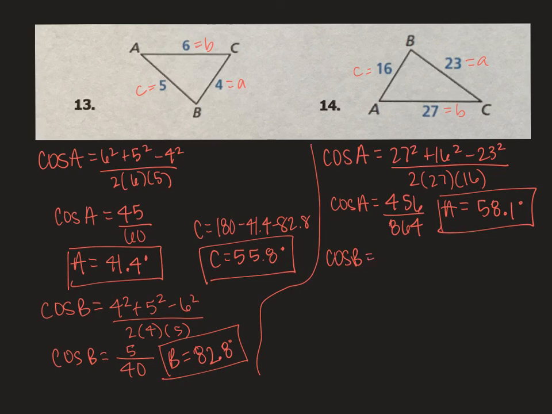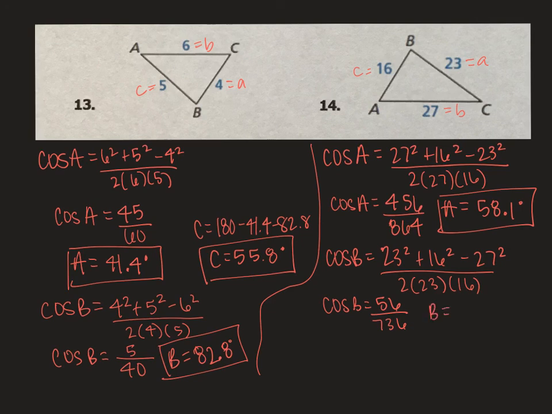Cosine B, 23 squared plus 16 squared minus 27 squared over 2 times 23 times 16 gives me 56 over 736, which gives me an angle of about 85.6 degrees.